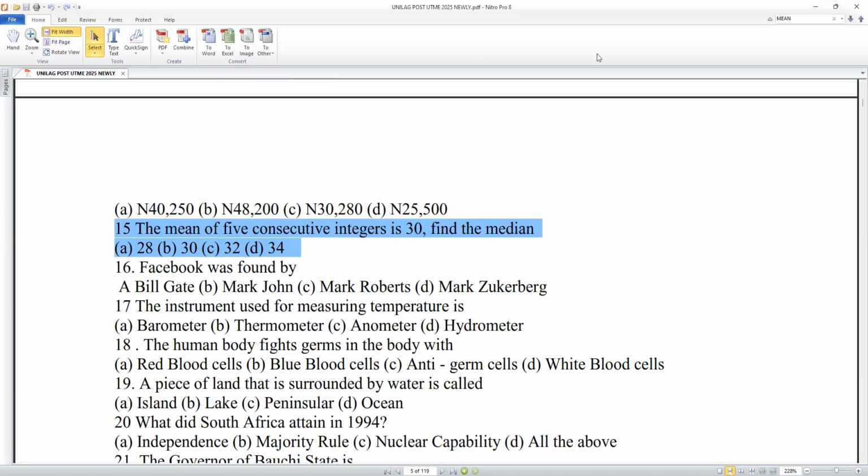This says that the mean of 5 consecutive integers is 30. Find the median.